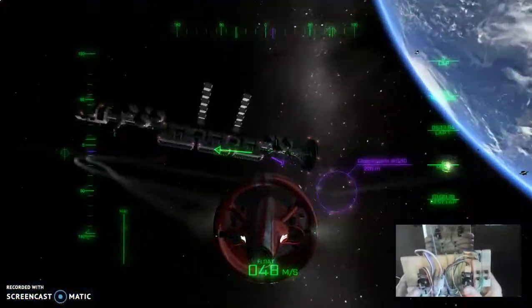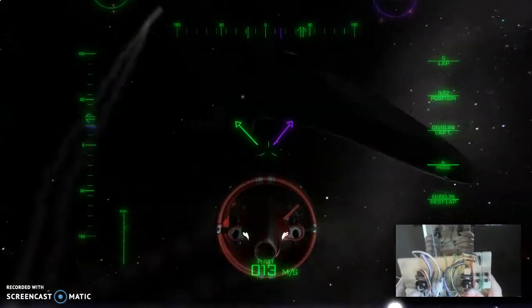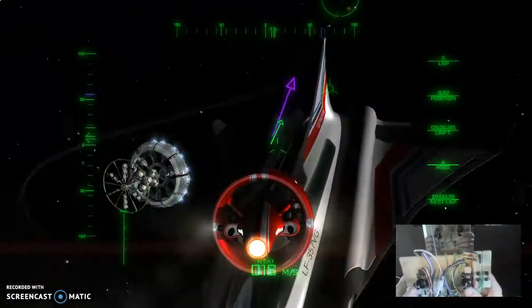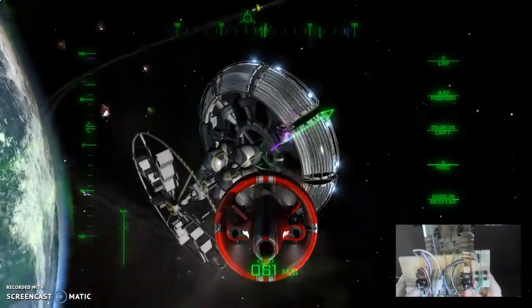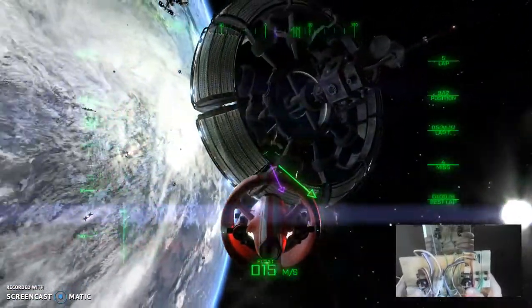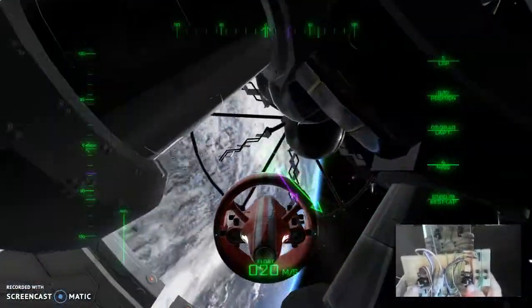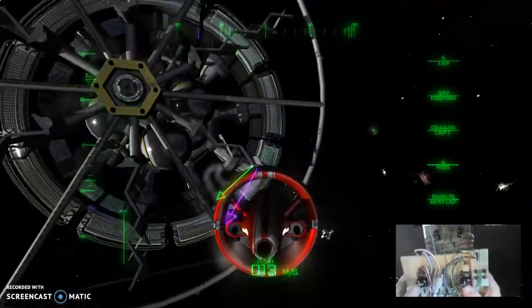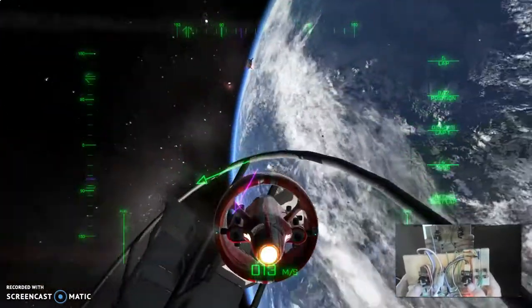So here I'm going to change my... once you get to a lower velocity, it's more useful to use these other directions of thrust. Oops, I crashed.